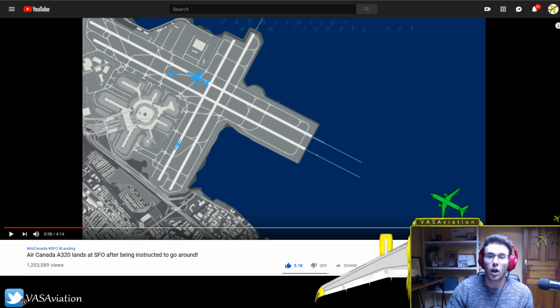These 2 airplanes are waiting to cross runway 28 left on Tango taxiway, waiting for clearance to cross. And then we have another inbound aircraft in blue landing on 28 left, which is United 384.